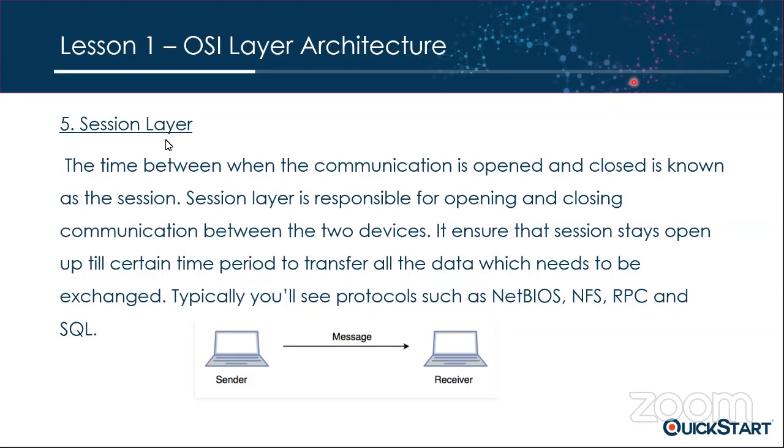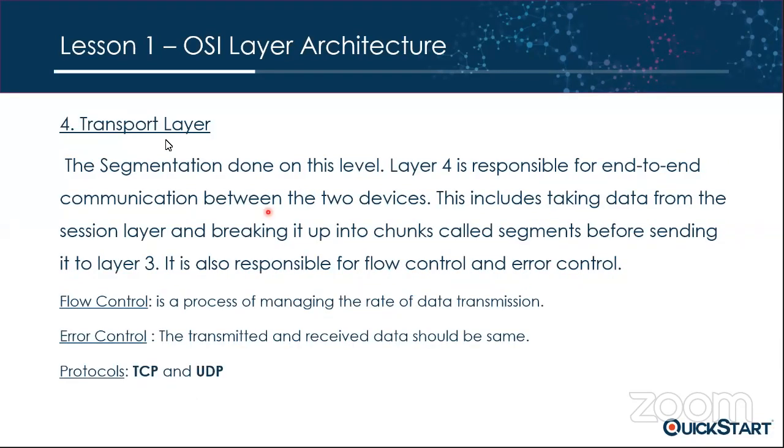All right, let's move over to the next layer, which is transport, right? Guys, the transport layer is doing segmentation. Whatever data comes from the session layer, it is segmenting.